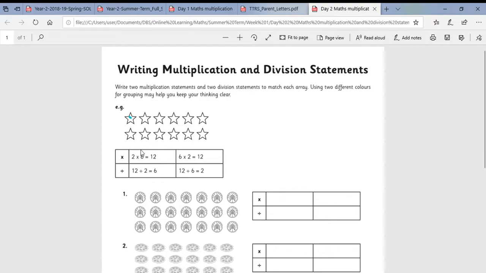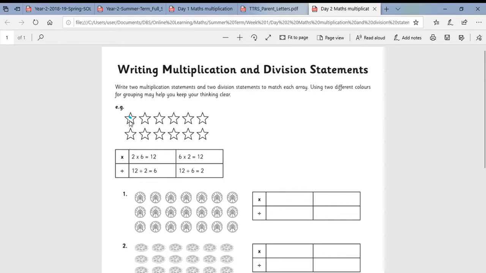So there are 12 in total, so I would start with 12, and I can divide by 2, or I can divide by 6. If I divide by 2, my 12 divided by 2 equals 6.